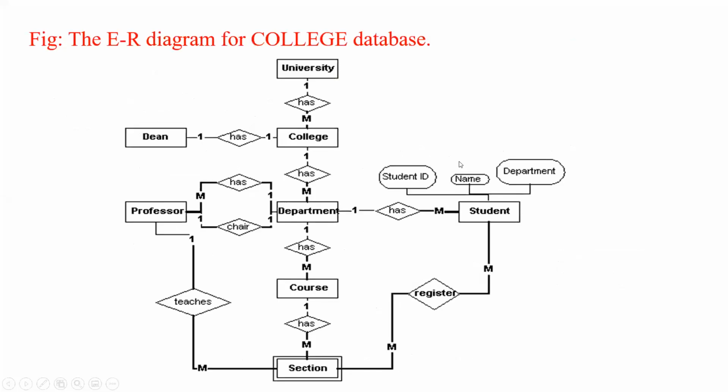Now if you go for college database, if I am asking you to draw an ER diagram for college, where is the affiliation we have? Our college is affiliated to university. So here college or colleges has affiliation with university.